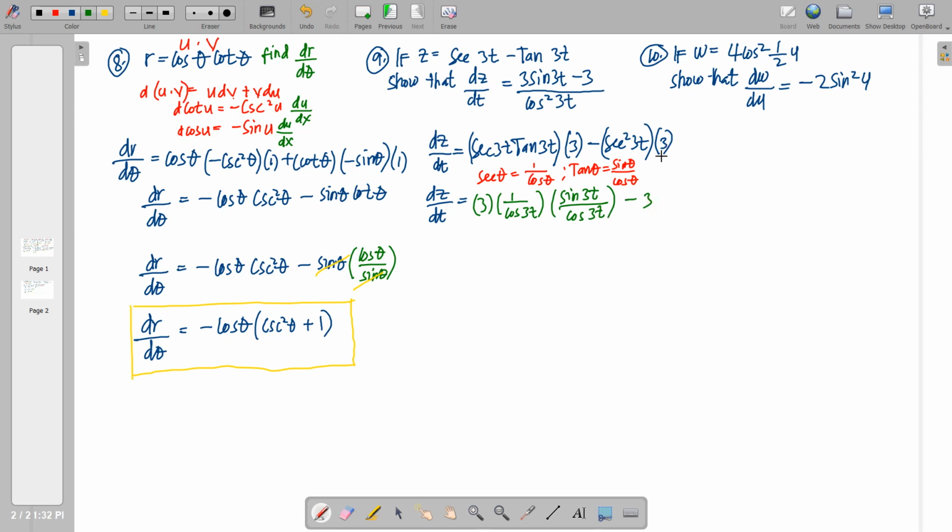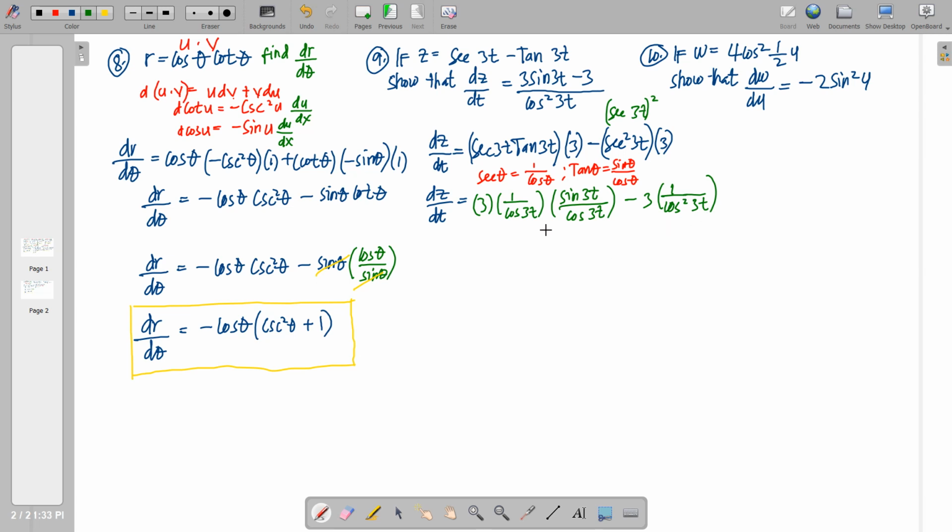Then minus 3 times secant, which is 1 over cosine, except it will be squared because this is squared: secant 3t squared. So if you substitute 1 over cosine there, it becomes 1 over cosine squared 3t. Simple as that.